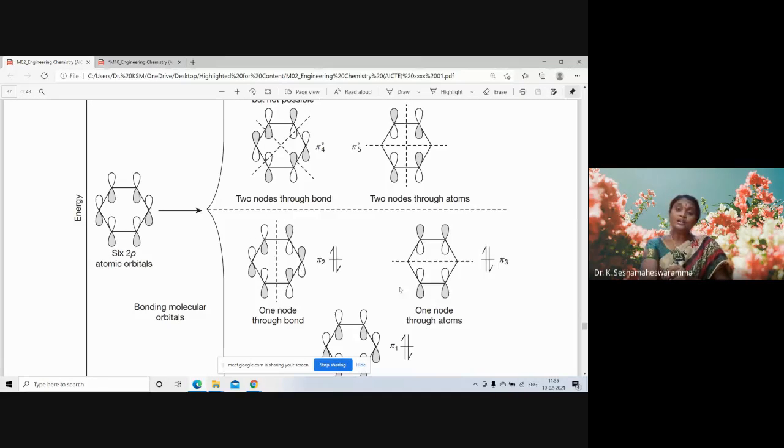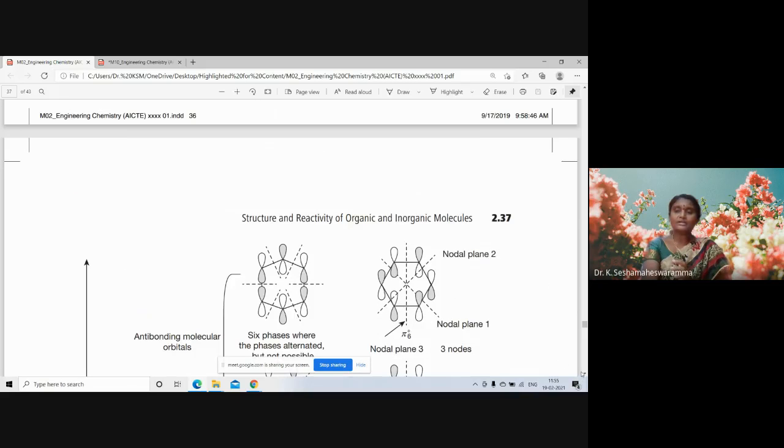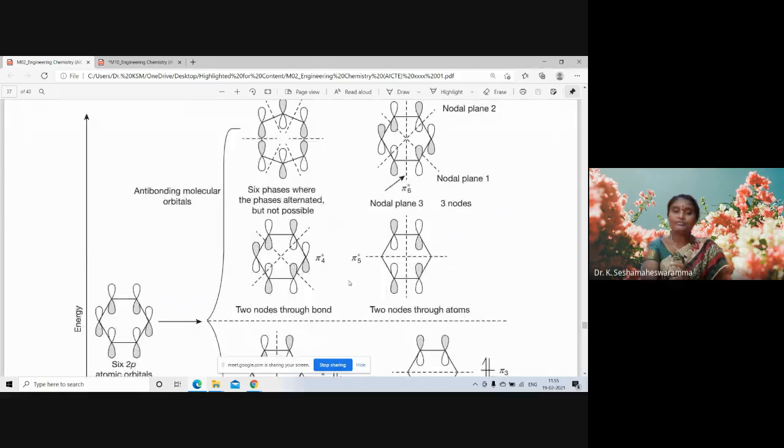These two are degenerate bonding pi orbitals. And then pi 4, pi 5 have 2 nodes. Pi 4 is through bond, pi 5 is through atom. These two are also degenerate but have high energy. These are anti-bonding.